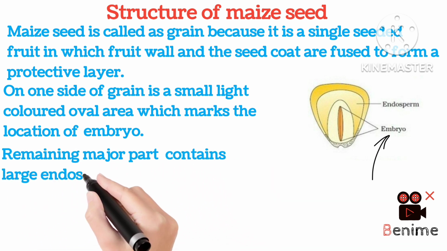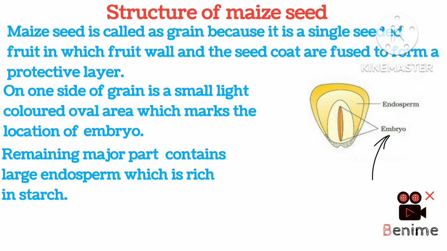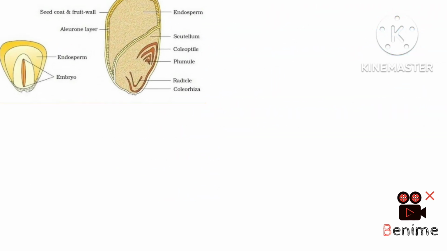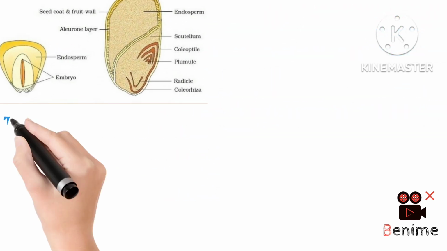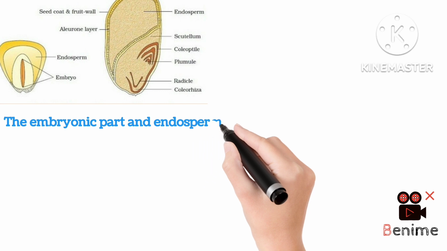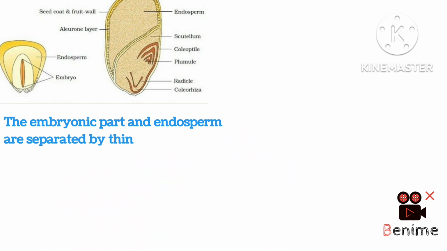Remaining major part contains large endosperm which is rich in starch. The embryonic part and the endosperm are separated by a thin epithelial layer.